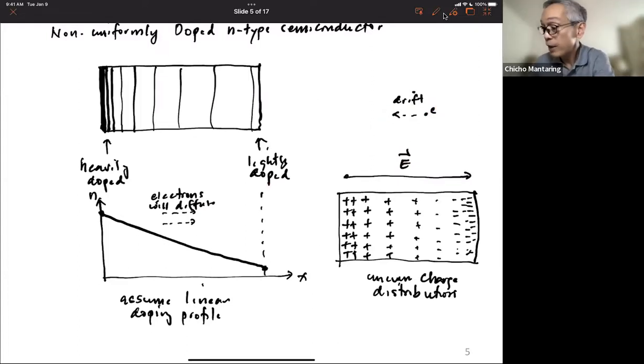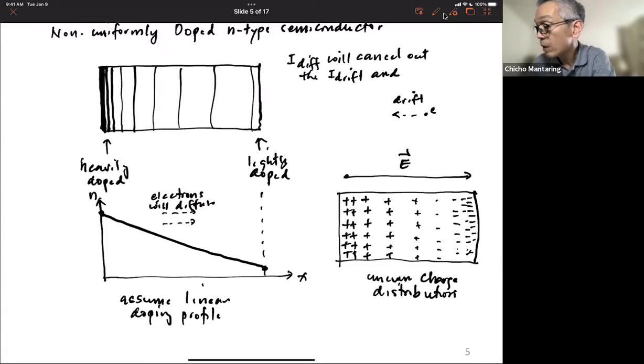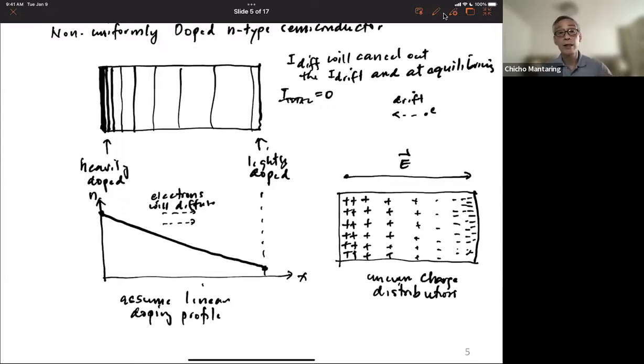So the J diffusion will cancel out the J drift. And at equilibrium, J total will be equal to 0. That's what will happen.